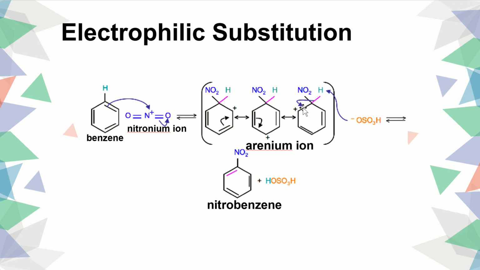And then we have rearomatization and quenching of the positive charge to form nitrobenzene, right? So I'd advise you guys to write this out so that you can practice drawing the resonance structures, practice drawing the electrophilic substitution generally.